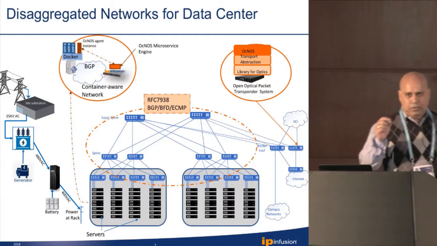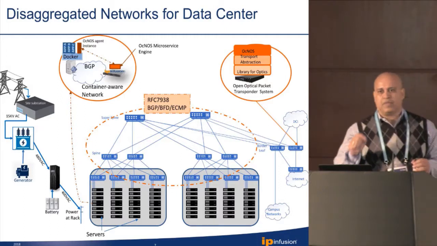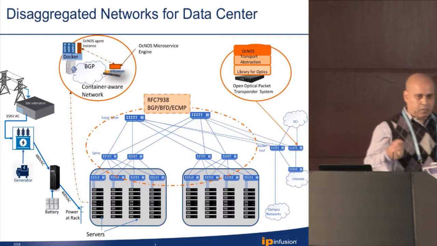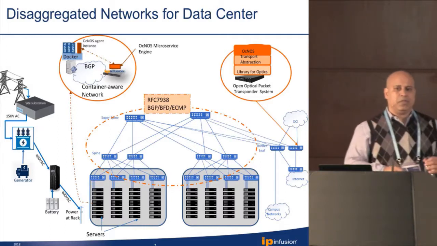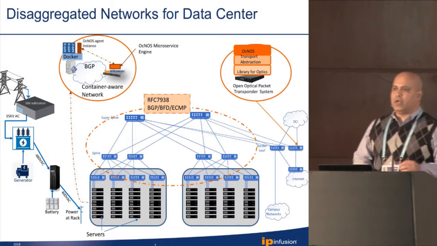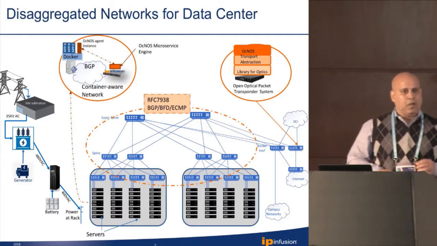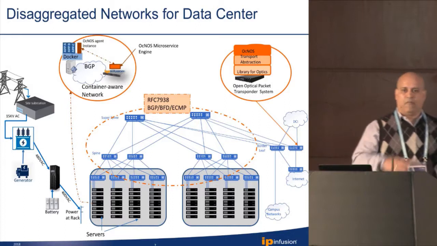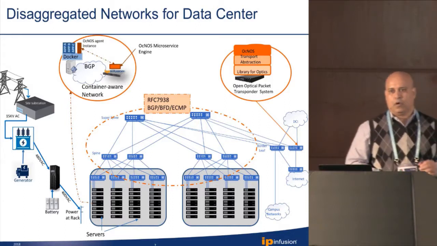With that, you can follow RFC 7938 to build your network. But what we are doing with BGP is optimizing the convergence, and we will disclose the numbers in the first quarter next year. We are shooting for 30 milliseconds for very hyperscale data centers on BGP.